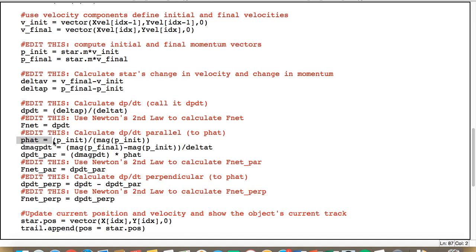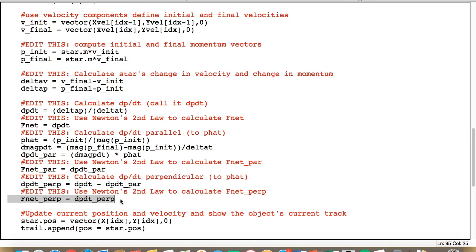So we find that unit vector, and then we find the magnitude of dp dt, which is just the magnitude of final momentum minus the magnitude of the initial momentum over the change in time, and then multiply that times p hat. And there we have dp dt parallel, which is equal to F net parallel. Then, by subtracting our general dp dt minus the dp dt parallel, we find dp dt perpendicular, which is equal to F net perpendicular.